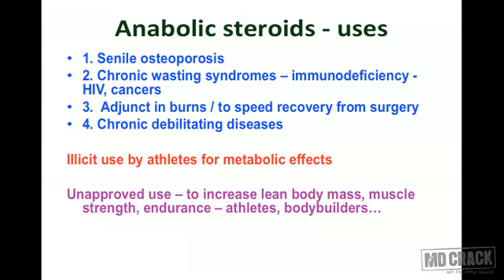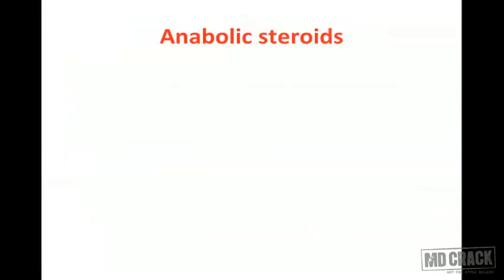This might be practiced by some patients. Illicit use by athletes for metabolic effects is a more dangerous phenomenon, and it could be a chronic use. Whereas in the other patients, they might use it for short periods of time in restricted doses. That's the unapproved use to increase the lean body mass, muscle strength, and stamina or endurance. So these patients could be athletes, they could be bodybuilders, or it could be some other patient.